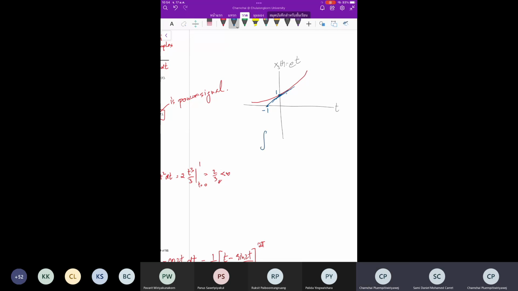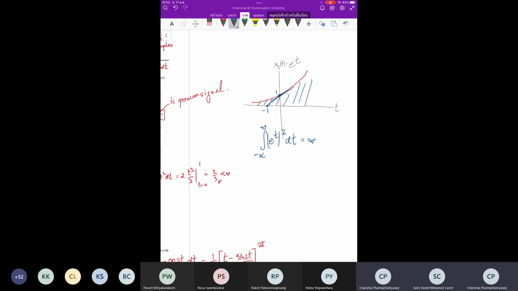If you are to integrate e to the t squared dt from negative infinity to infinity, of course, you're going to get what? It's unbounded, right? This one is unbounded, so the integral is infinity.